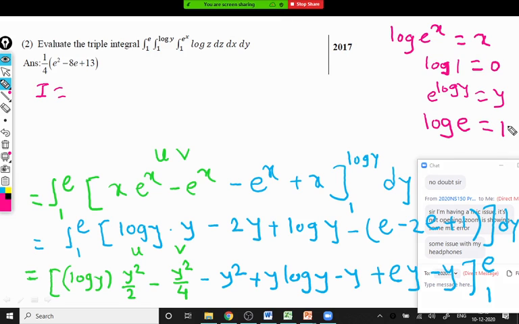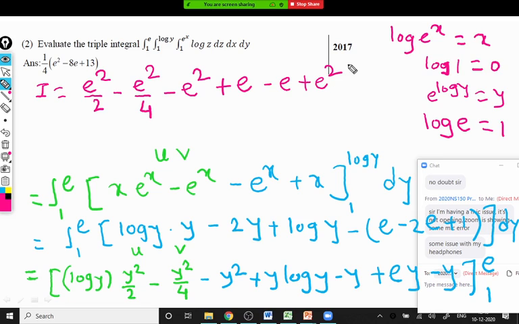So it would be e square by 2, minus 1, minus e square by 4, minus e square, plus e, minus e, plus e square, minus e. So this is for the upper limit.